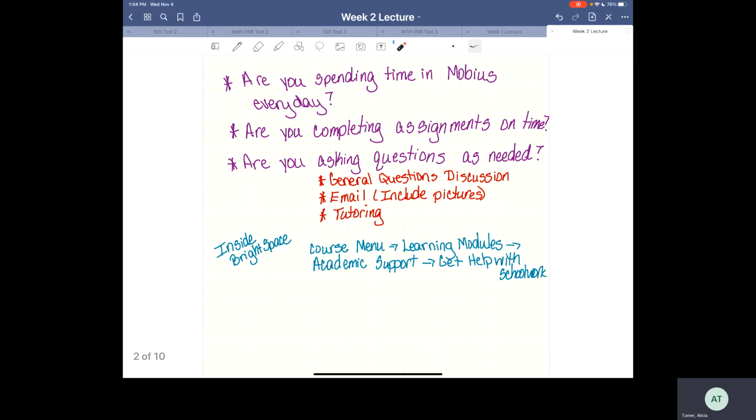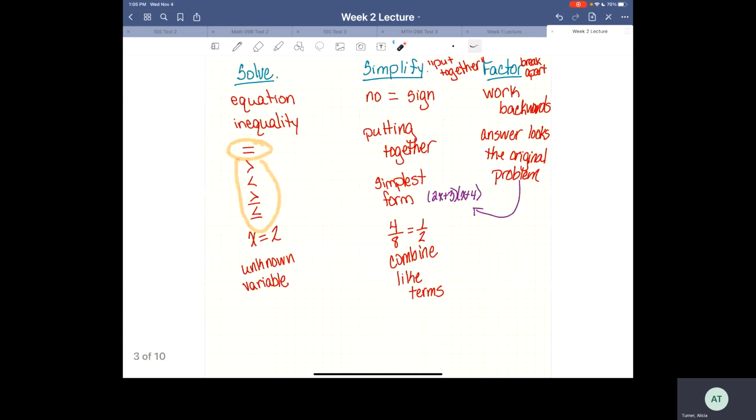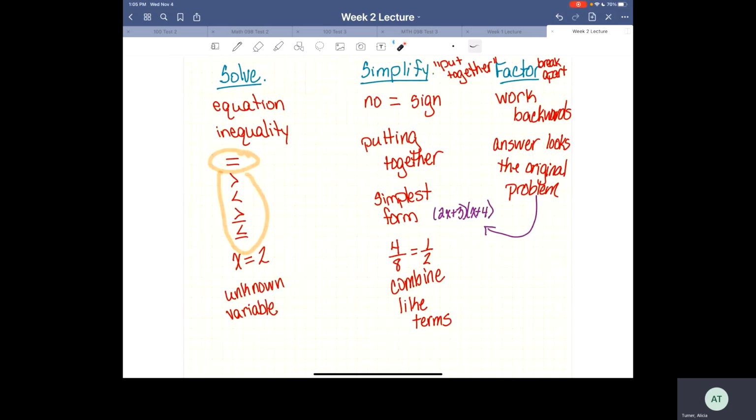Before we do that, I want you to think about these 3 words: what something you solve looks like, what something you simplify looks like, and what something you factor looks like.